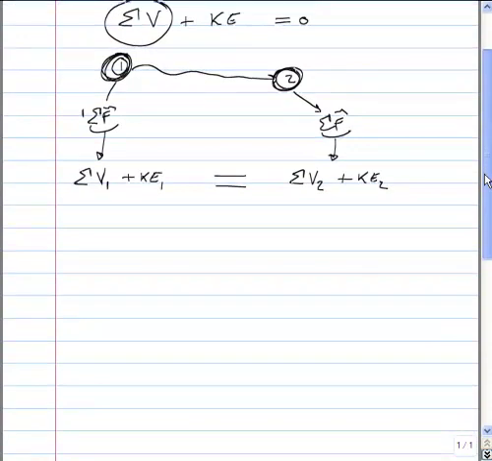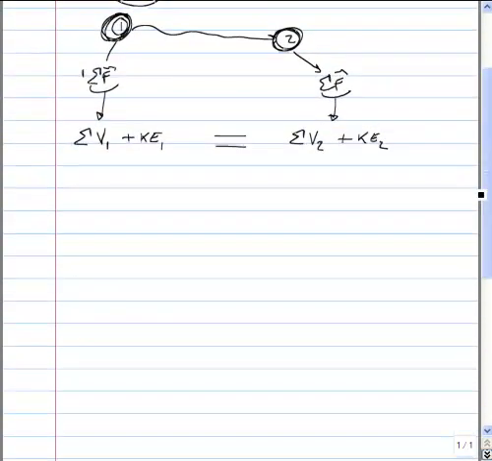If those two numbers don't add up, then you know you have to add another term which will represent the potential due to the non-conservative force. That's the first way. Another way to figure out if you're dealing with a conservative force is to calculate the work.